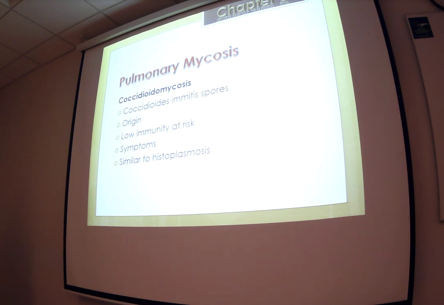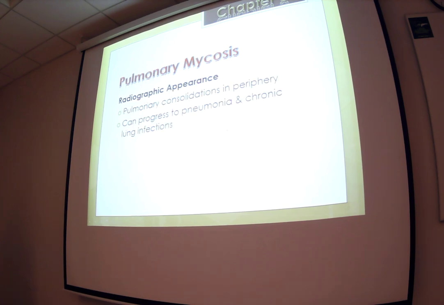But in general, it acts very similar to histoplasmosis. Radiographically, you'll see some small pulmonary consolidations in the periphery, in the parenchyma. This can progress to pneumonia or other chronic lung infections.